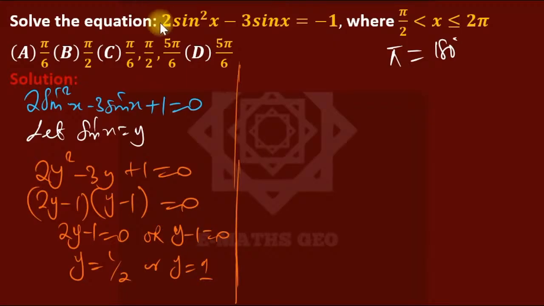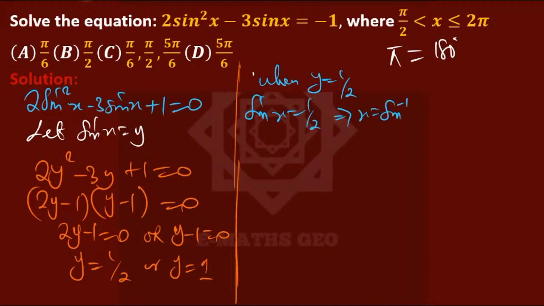So when y is half, we now see that sin x is half. So it implies that x is arc sine of half, which is 30 degrees, and 30 degrees means pi over 6.